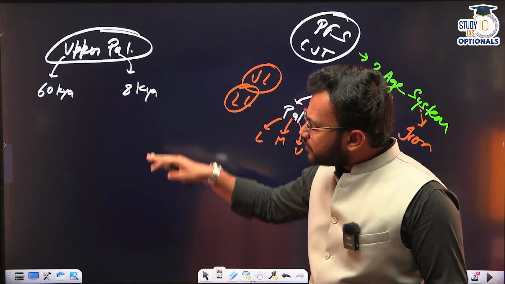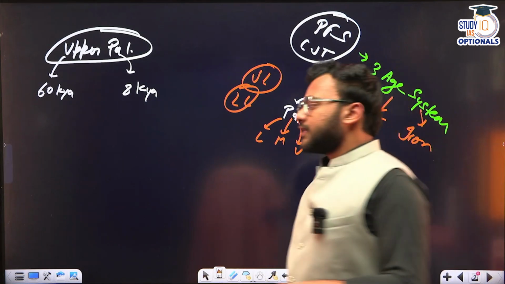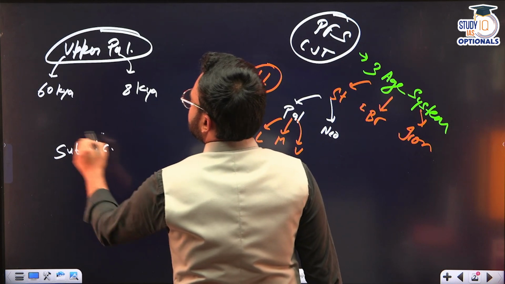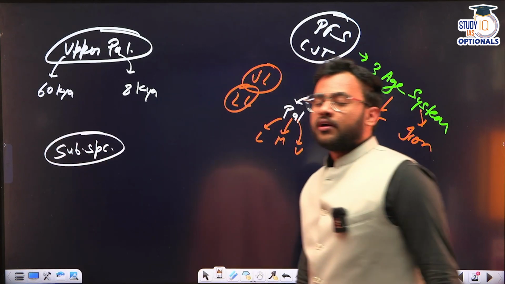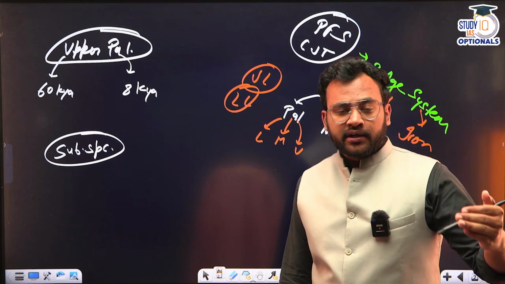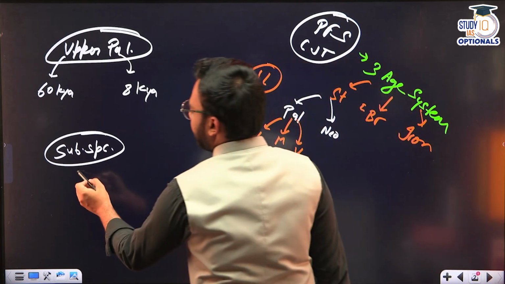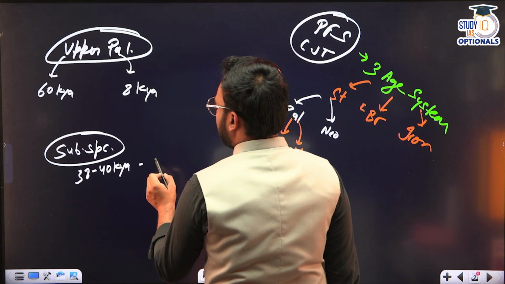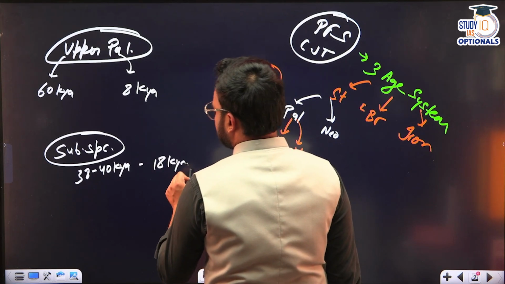Secondly, when we see the Upper Paleolithic of Europe, there is sub-specialization. There are different cultures that you will find starting from around 40,000 years ago and going back to around 18,000 years ago.